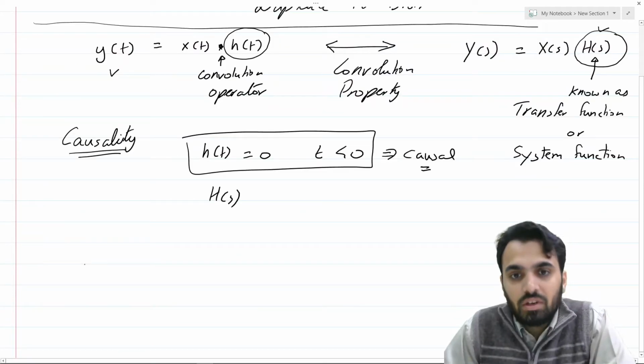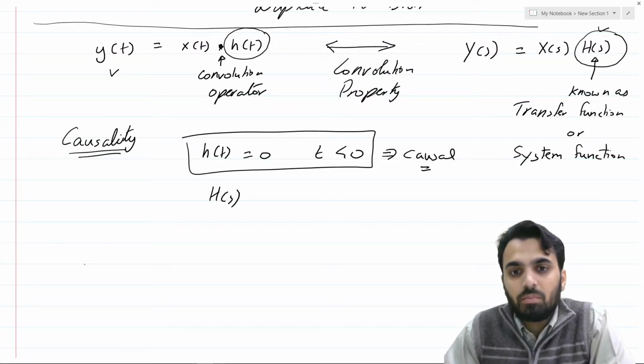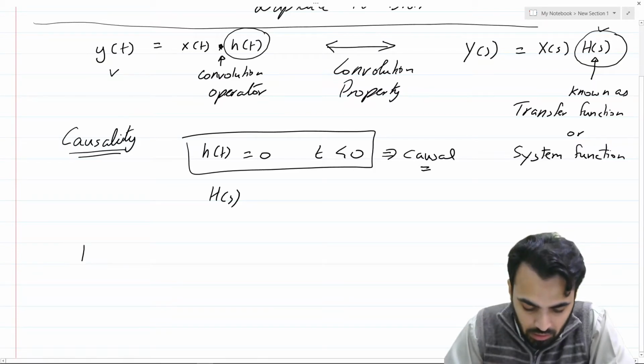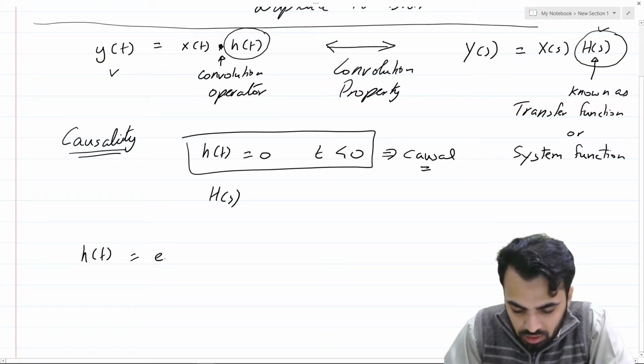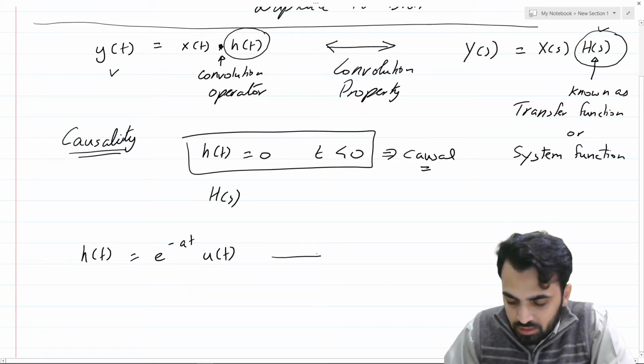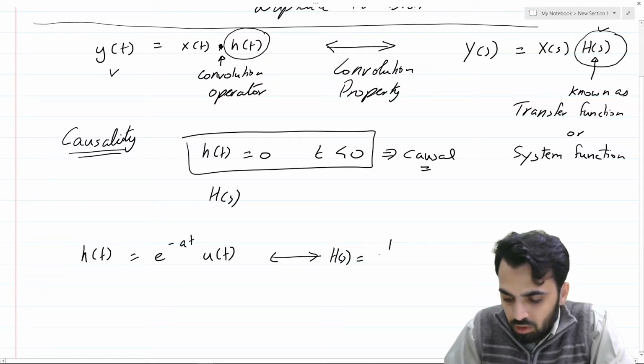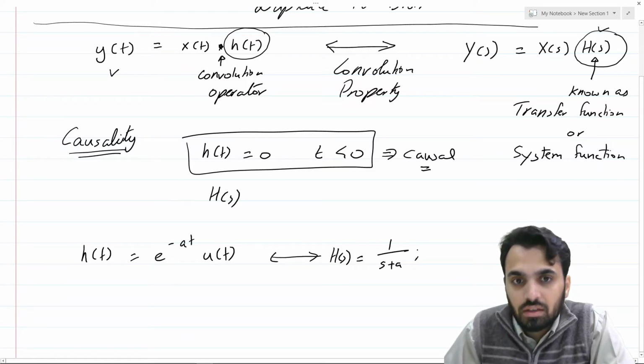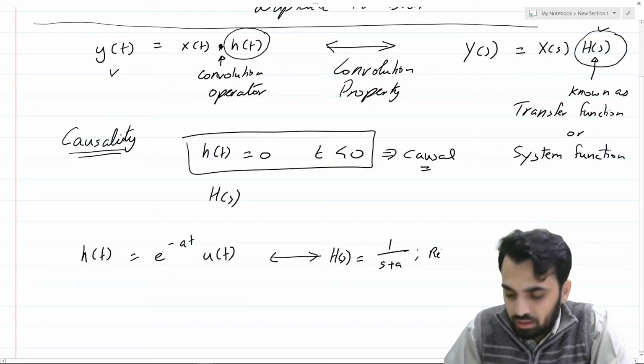Let us say we have a linear time invariant system which has an impulse response h of t equivalent to e to the minus a t u of t. We know that the Laplace transform of this function, that is h of s, is simply 1 over s plus a, and the real part of s is greater than minus a.